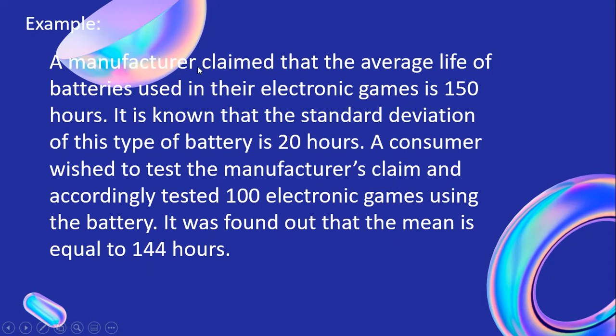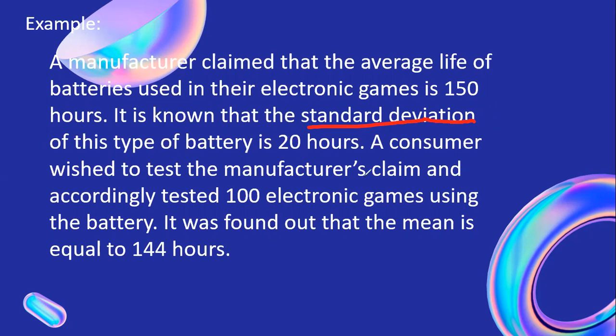Okay, so reading and understanding the problem, it seems that there is no sample size given. But what's given? This one. So what kind of standard deviation is that? The 20 hours.